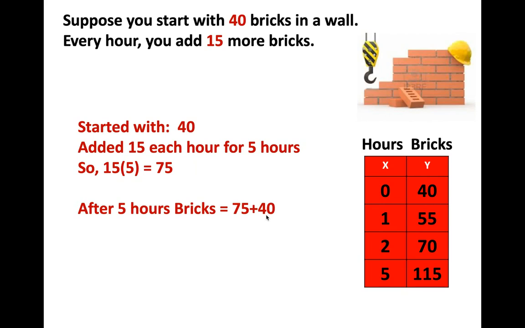So after 5 hours, the number of bricks is going to be 75 plus the 40 we started off with, which is going to be 115. So we don't always have to go step by step, 0, 1, 2, and keep counting up. We could, but that gets kind of tedious.